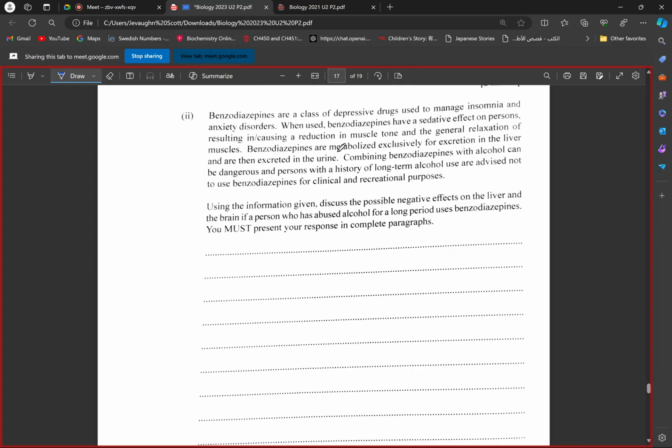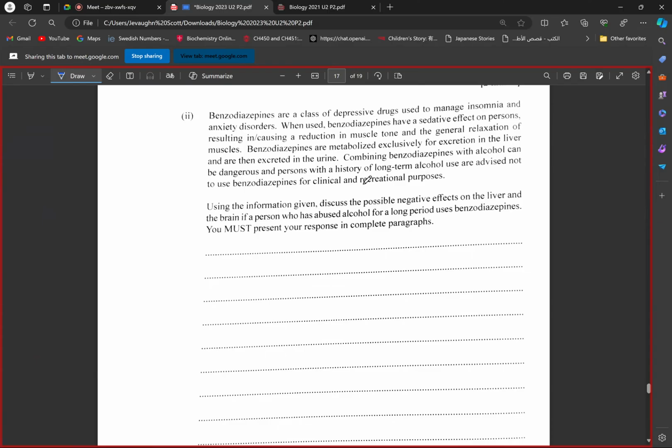They are metabolized exclusively in the liver and are then excreted in the urine. Combining them with alcohol can be dangerous, and persons with a history of long-term alcohol use are advised not to use benzodiazepines for clinical or recreational purposes.